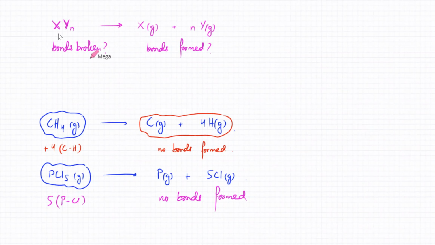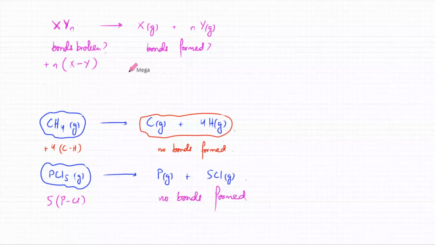That's N bonds of X and Y. These are the ones that are broken. You can remember the 4 over here, that's 4 CH bonds. 5 over here, that's 5 PCl bonds. If there's an N over here, that would be N bonds of X and Y. Is this clear? Yes or no? Okay, the rest are clear. Mahad, is this clear? Yes, sir.